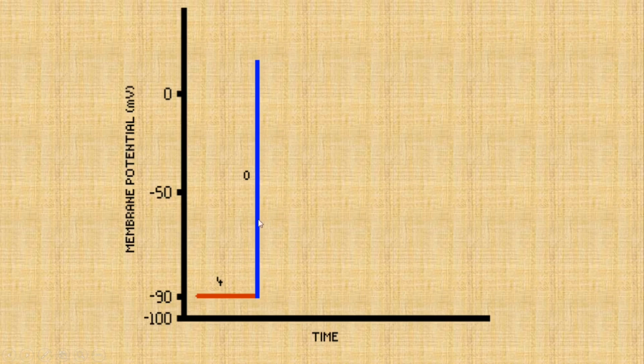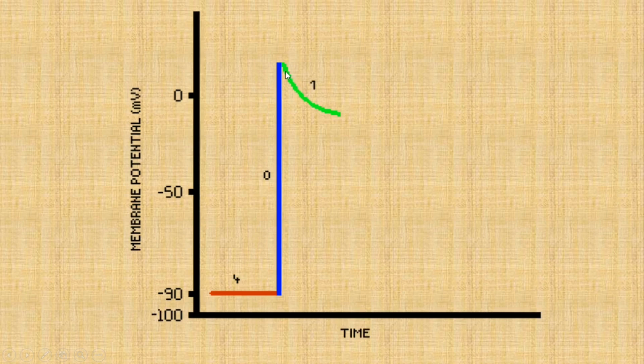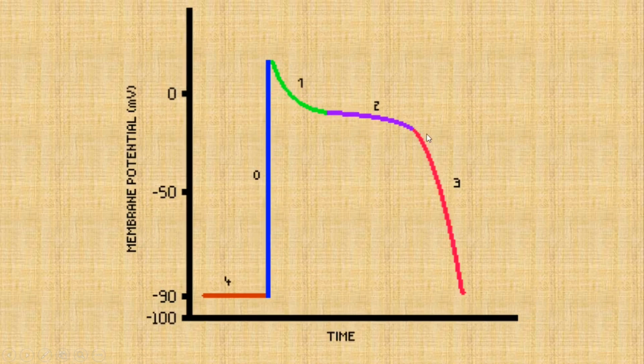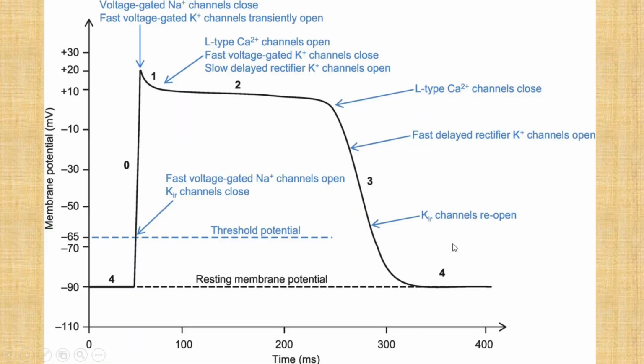The first phase starts with rapid depolarization, then the first rapid partial repolarization, then the membrane potential is sustained, that is called the plateau phase, then it is followed by the second final repolarization phase and it will come back to the resting level.